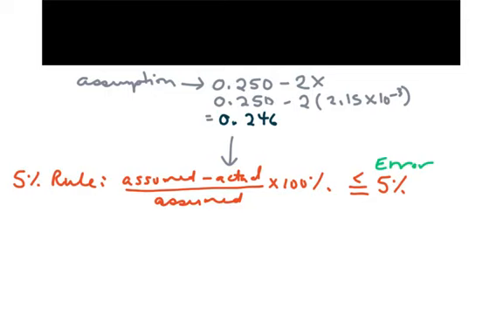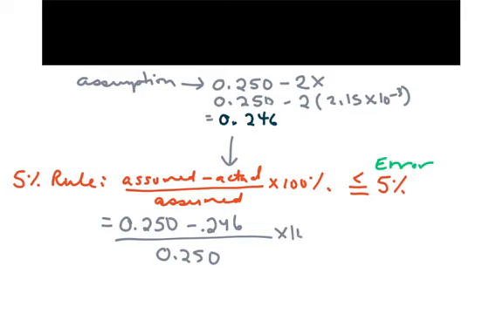All right, so now that we've got all our values, let's plug it into our 5% rule. So our assumed value, again, going back to the assumption, we assumed that our value there was 0.25. So that's the assumed value, 0.250. The actual value I did up above, so it's 0.246, times 100.